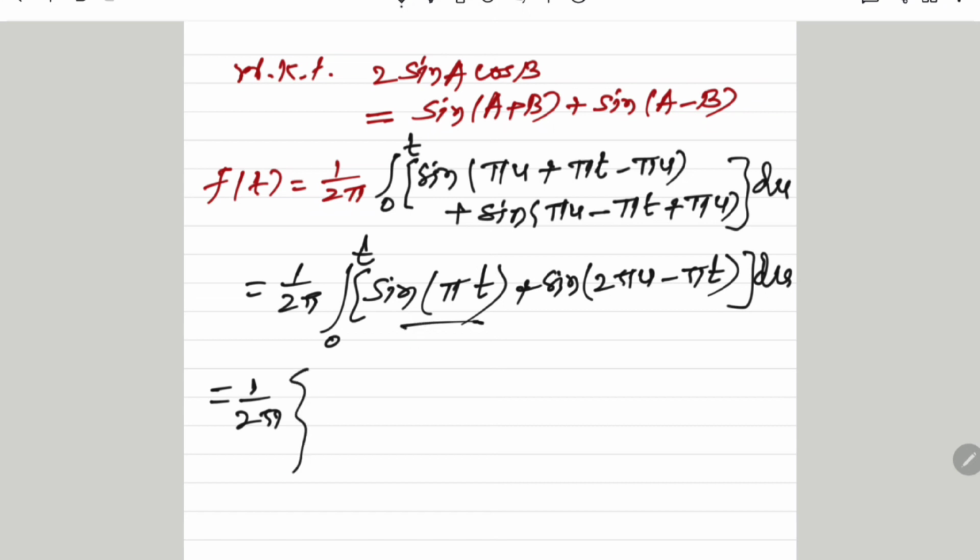First term we have to integrate with respect to u, which is constant term with respect to u. Therefore, we take outside sin of pi t, and integration of du is u.